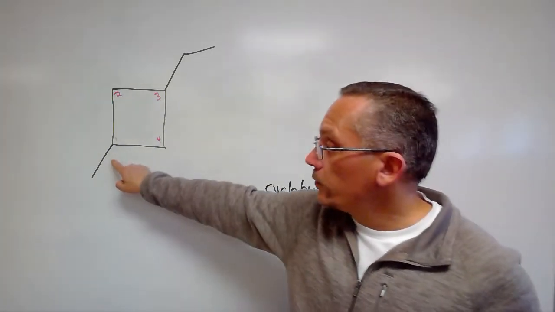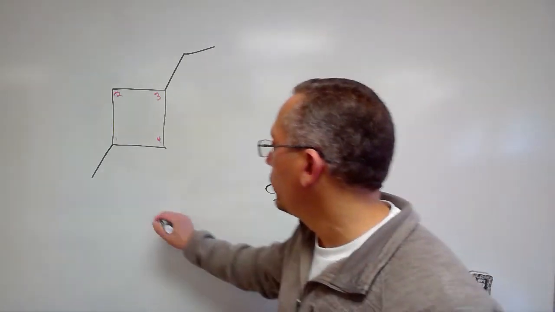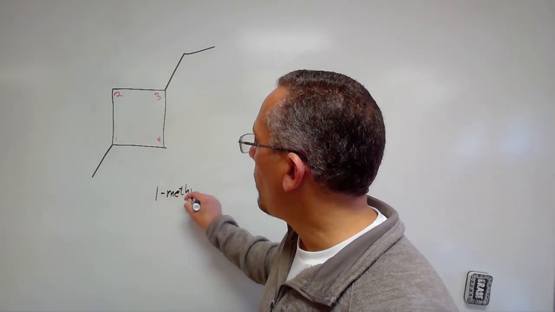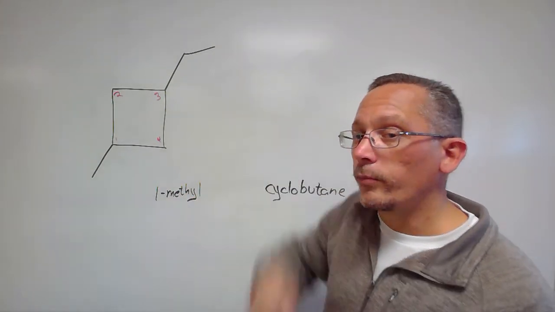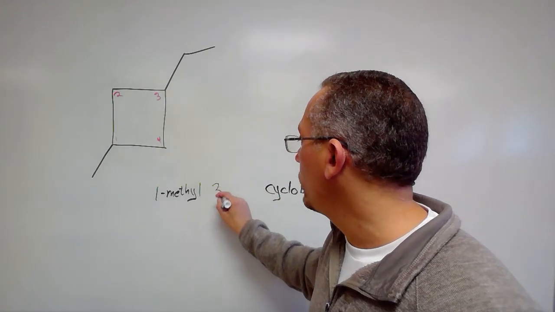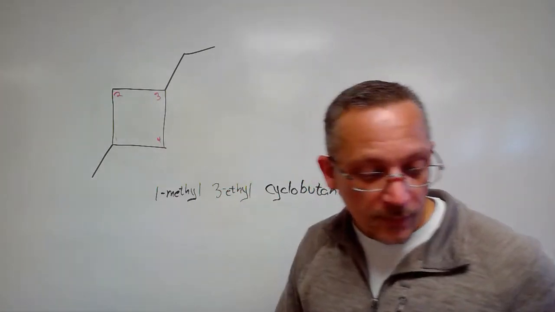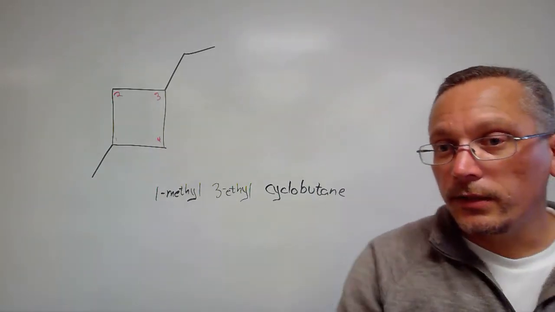So this methyl branch right here comes off of carbon number 1. So I'll call that 1-methyl. And then up here coming off of carbon number 3, I have an ethyl branch. So 3-ethyl. So that one we could call 1-methyl-3-ethylcyclobutane.